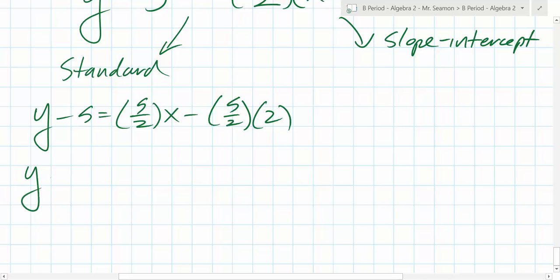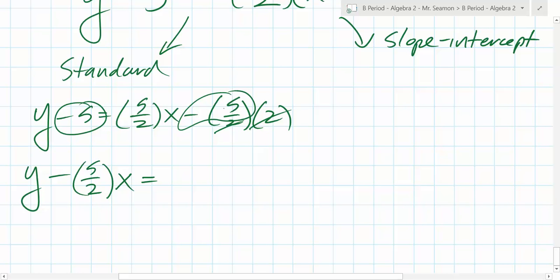We could do that. So y minus 5 over 2x. Can I cancel that? Is that okay? I think I can. Oh, look, I have -5 and -5 on both sides. What happens? Do they go away? To get rid of this 5, I have to add 5. What's -5 plus 5? So what am I left with on the right?